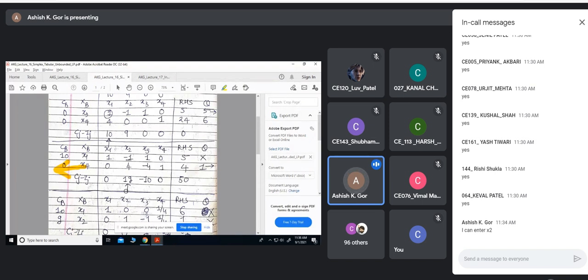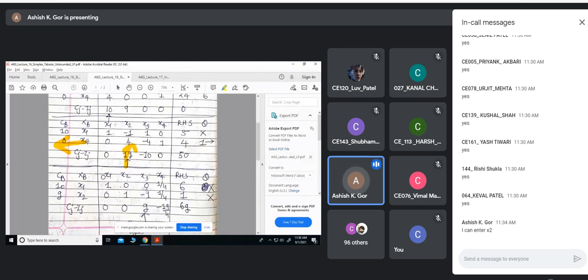So enter x2, leave this. You will think this is what we want, right? Ultimately, I want x1, x2 in the final answer. Yes, but the serious problem is here. This is my key row.